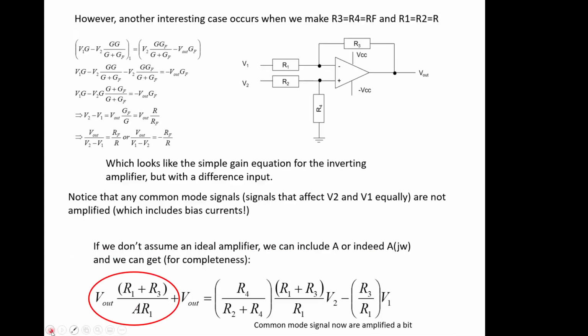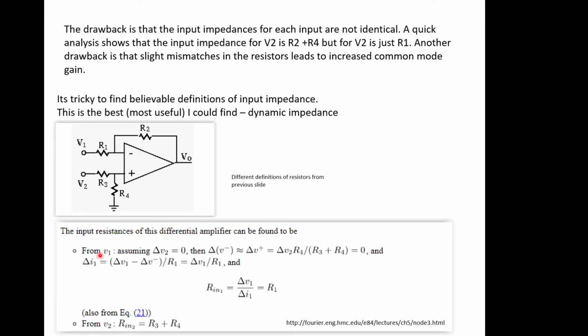Let's just go back. So the input impedance looking in here is R1, and this one here is actually a combination of R2 and R4. And the actual combination depends on whether you define it as a dynamic or a static impedance. If anyone's interested, I found this description on the web, which is the most logical that I've come across. There are lots of arguments about this out there, and this one makes logical sense, really.